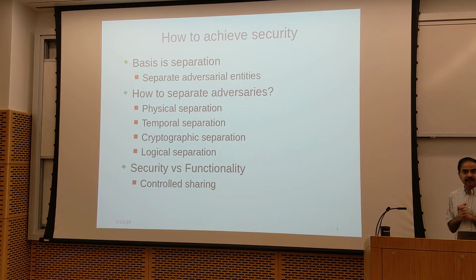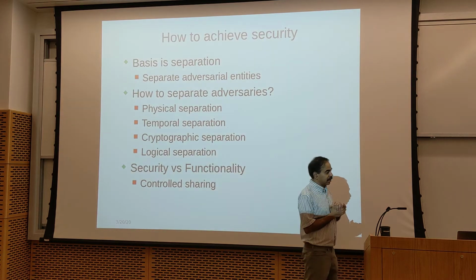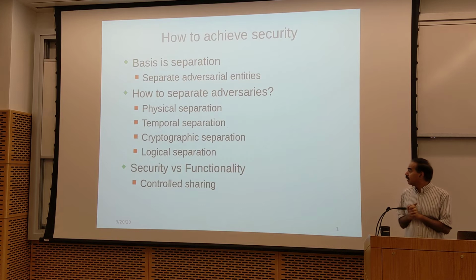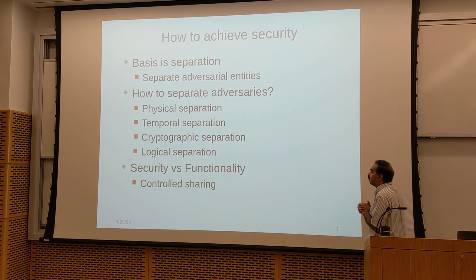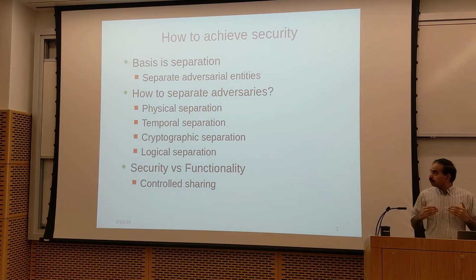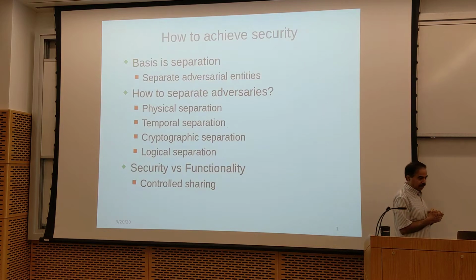And then there is logical separation, which is something that we rely on a whole lot in our computer systems. Logical separation basically means that there is some kind of logic or software or some kind of operating system that is putting a barrier between different entities and making sure that one entity cannot know anything about what's going on with the other entity, right?